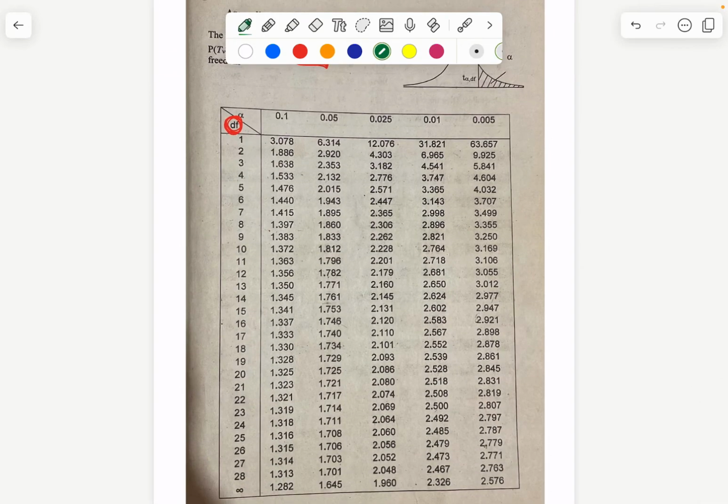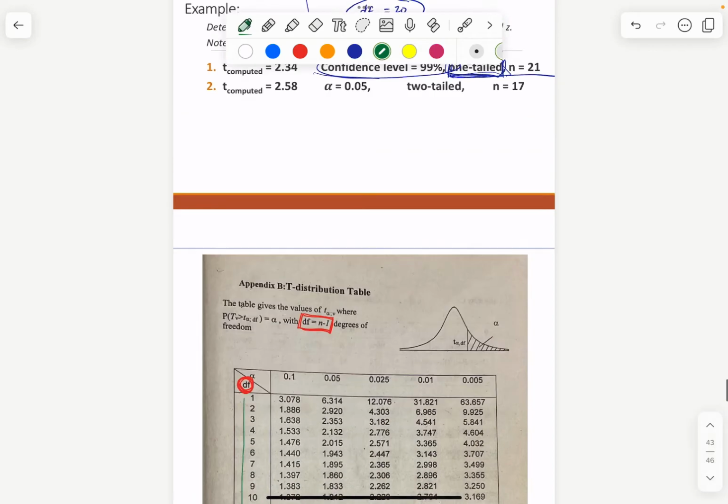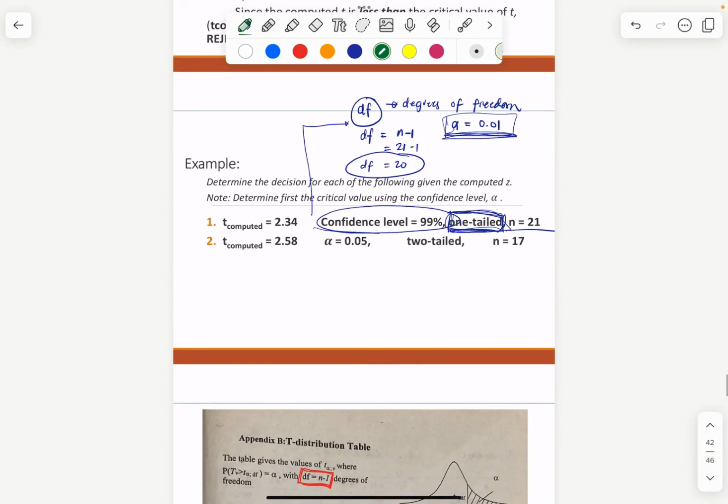From DF, go down to 20. So we have 20 here as our DF. Now, let's check again the problem. Our alpha or level of significance is 0.01.